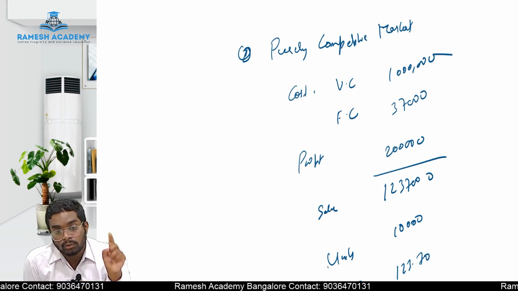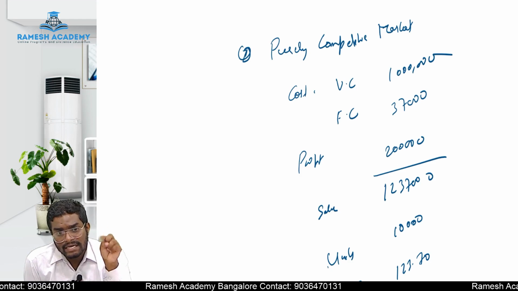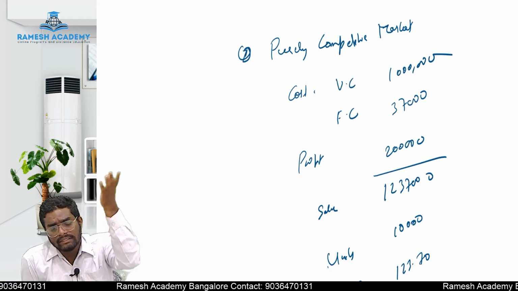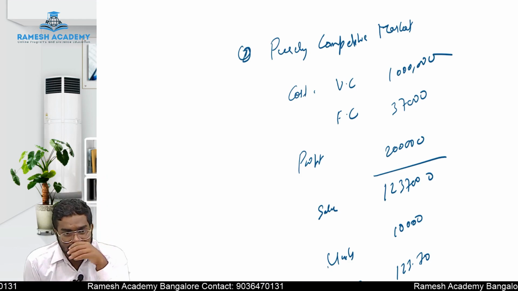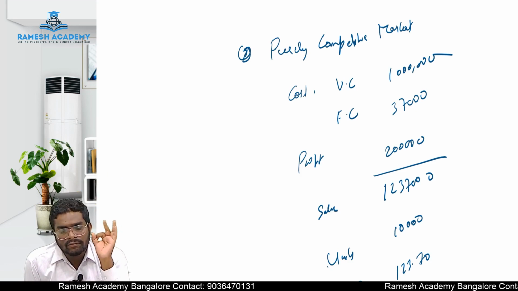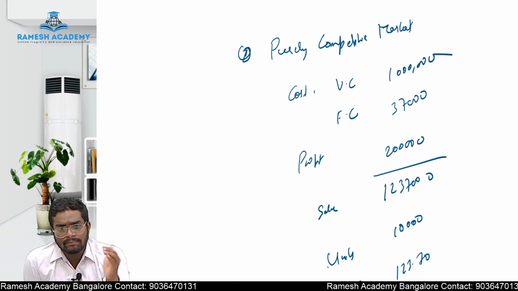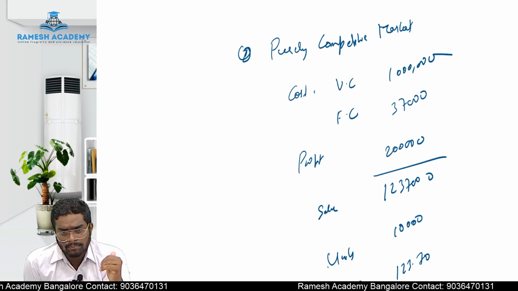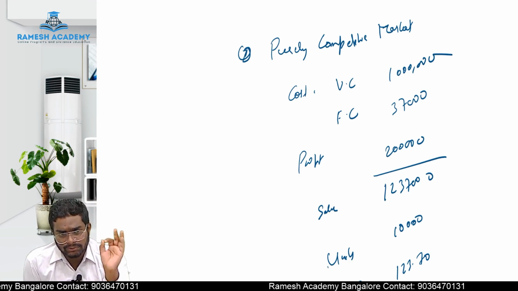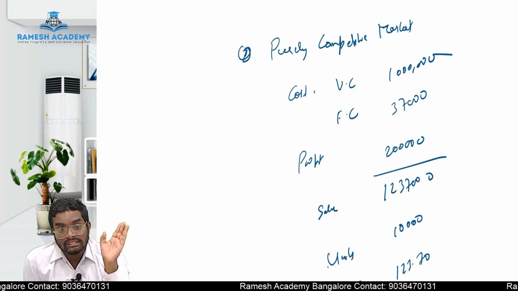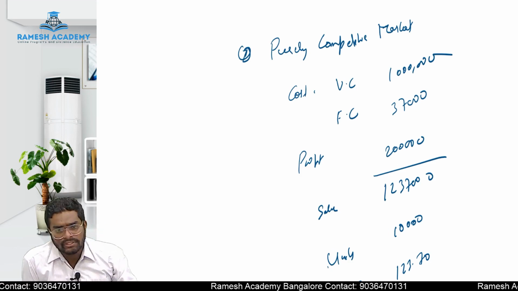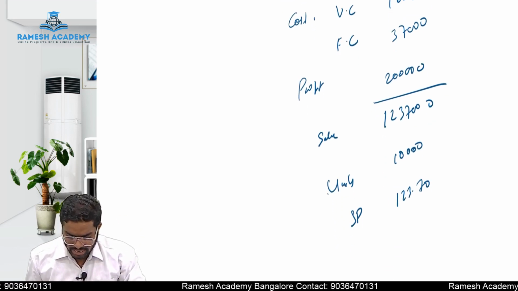Now the changes should be only in the variable cost. Variable cost per unit will be the same, but at the aggregate level it will differ. So here the number of units is 10,000. So 10,000 units into 100 is 10 lakh plus 37,000 fixed cost plus 2 lakh profit. I will get 12 lakh 37,000 of sales. Just divide by number of units, you will get the selling price.